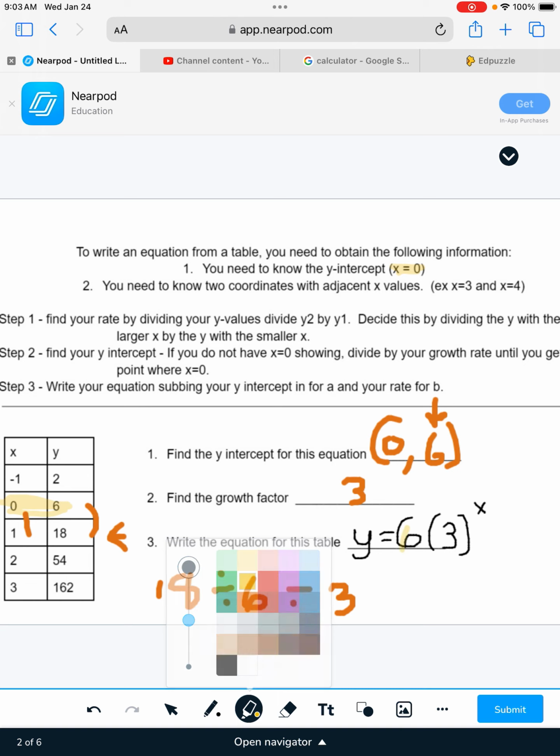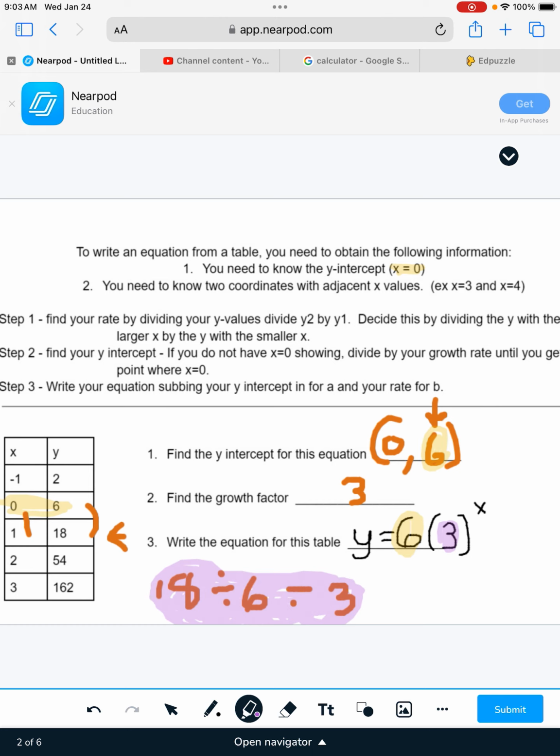And that comes from this y value 6 being my y-intercept value here. And it comes from my growth factor, which is where I got my 18 divided by 6 being equal to 3. From there, plugging it into my y equals a b to the x equation that we've been working with for about a week and a half now, okay? So that's what we're looking at as far as being able to solve these.